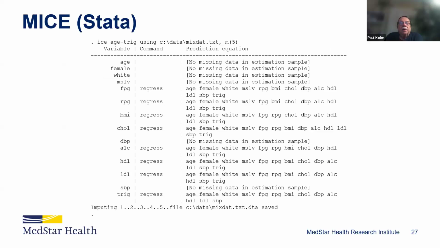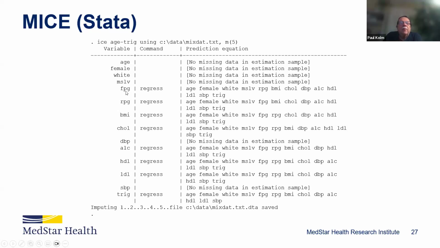And so here's an example of the way that MICE works. And this is from Stata, although this can be done in other packages as well. So here we have four complete variables, so we have no missing data. So we come to our fasting glucose. And so we're going to regress that on our four non-missing variables, but we're also going to use the observed values for others in the data set, cholesterol, BMI, blood pressure, and so on.